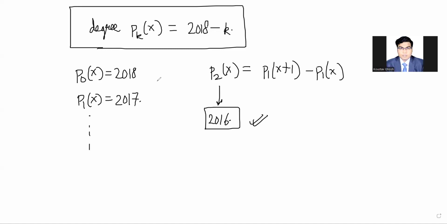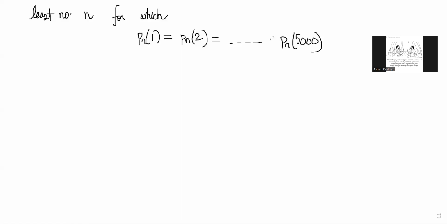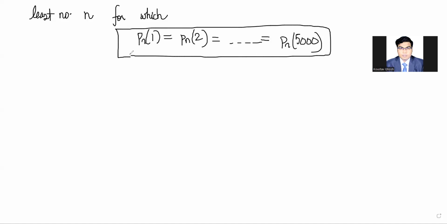Okay. Now, given the question, what we have to figure out is the least number n for which Pn of 1, Pn of 2, and so on, Pn of 5000 are all equal, right? Great. So I need Pn of x.